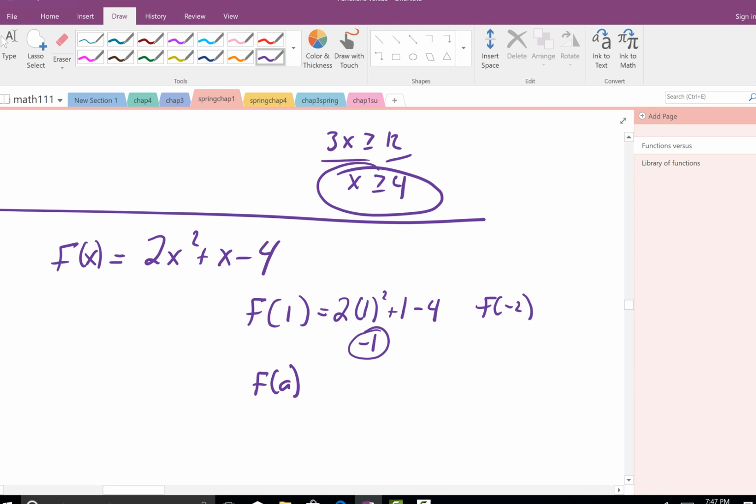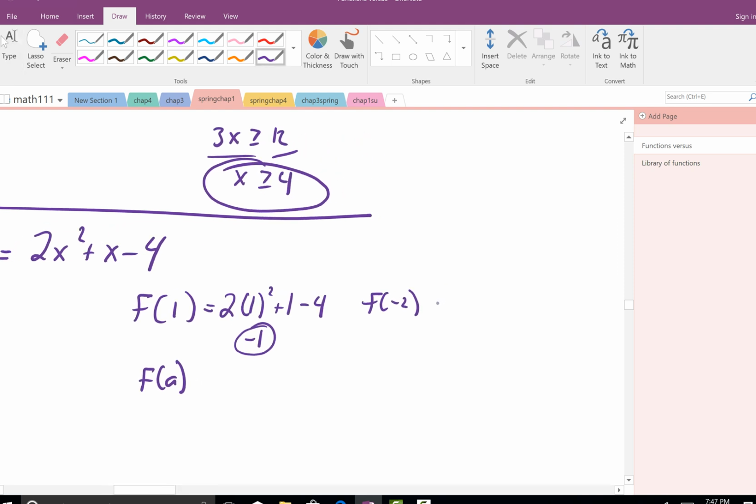Okay, same thing here. Now x is negative 2, so wherever I see an x, I'm going to put a negative 2. Put a negative 2 there, and a negative 2 there, minus 4. The reason I made this negative is that if you type this in decimals, put a little parenthesis around that, because if you don't, it's probably not going to do it correctly.